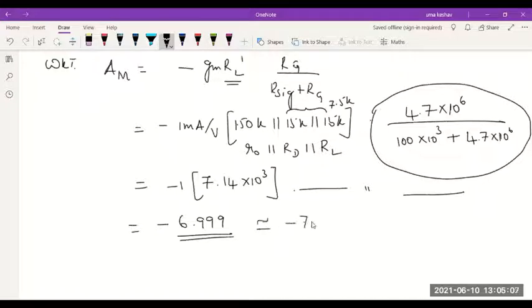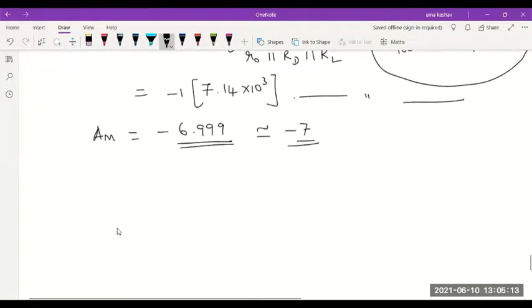Approximately, can I say it is minus 7, the mid-band gain? Is it right? Anybody else? Is this value right? Negative 6.991. Okay, 6.991, which is approximately minus 7, I can say. So you have found the mid-band gain.